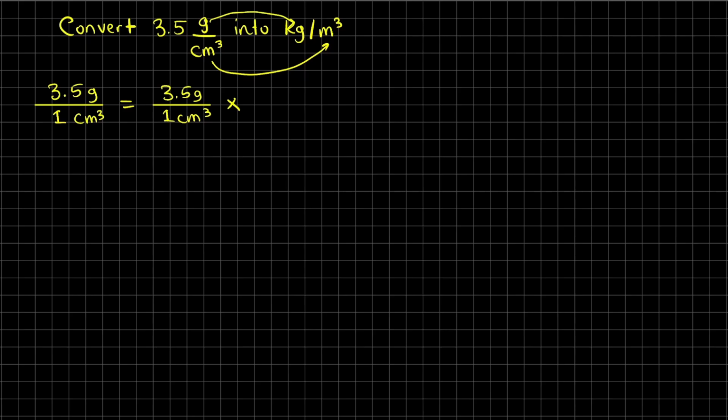That's the goal. Before we can continue, we need to establish the conversions that we need in order to do this right. Here's one conversion factor. I know that 1 kilogram is equivalent to 1,000 grams. Well, that's perfect. That's going to take me straight from grams to kilograms, and that completes half of the job.